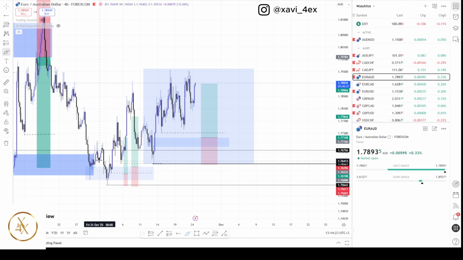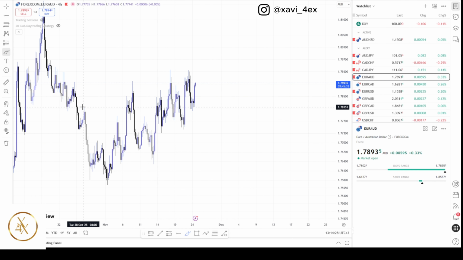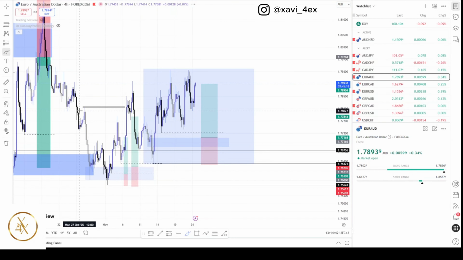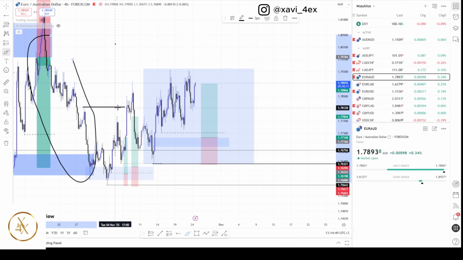Like I told you, if price is going to continue down, even if it did break this high, even if it did break the initial last high on the previous leg, which was this downtrend leg, this down leg here, price shouldn't be able to continue.